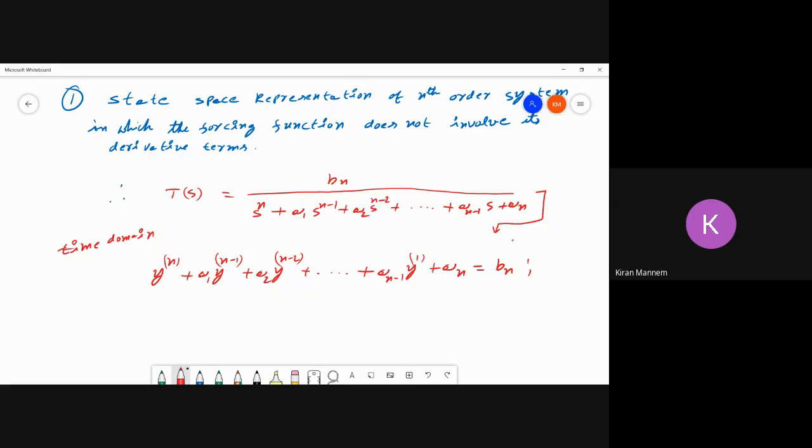Now, this is an nth order differential equation. So we need n state variables to represent this system, right? Since this is an nth order differential equation, we need n state variables.